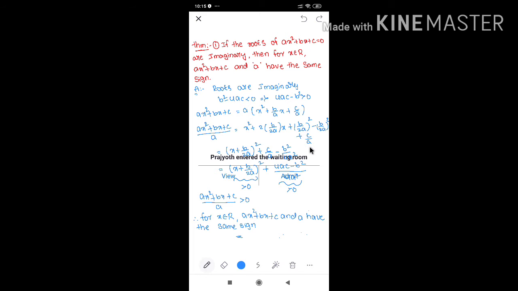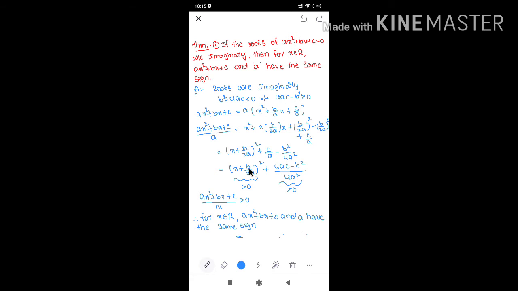So a plus b whole square plus c by a minus b square by 4a square. Taking LCM, 4a square is the LCM, so 4ac minus b square by 4a square.